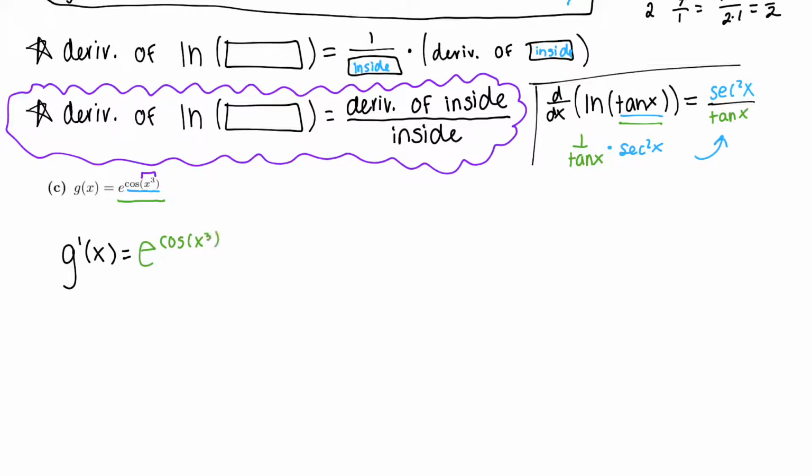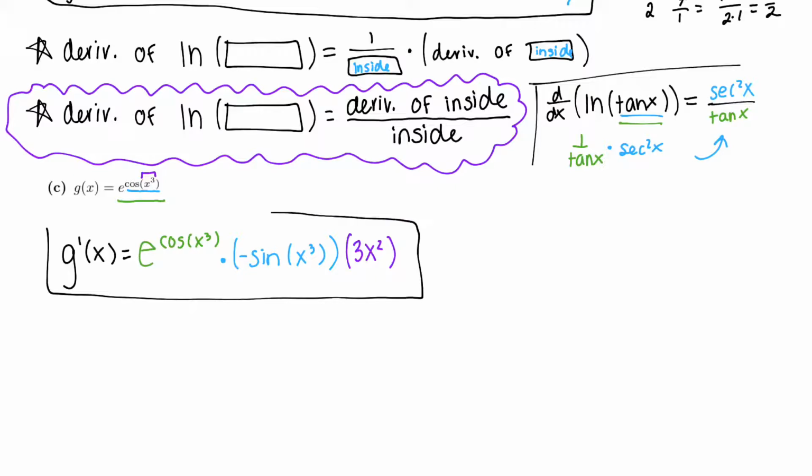Leave everything alone, just leave it the way it was. Then derivative of cosine is negative sine, and we leave the inside alone. And then finally, the derivative of x cubed is 3x squared. And that would be our final derivative.